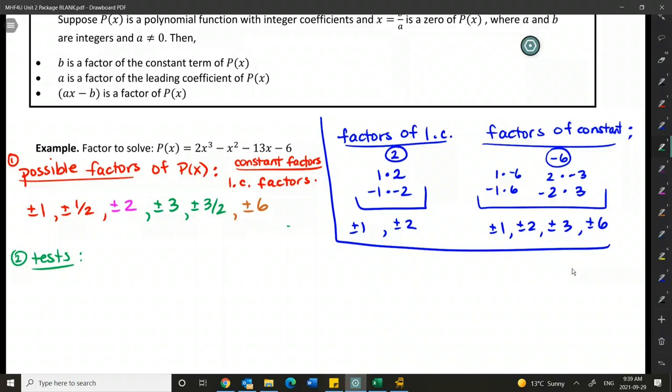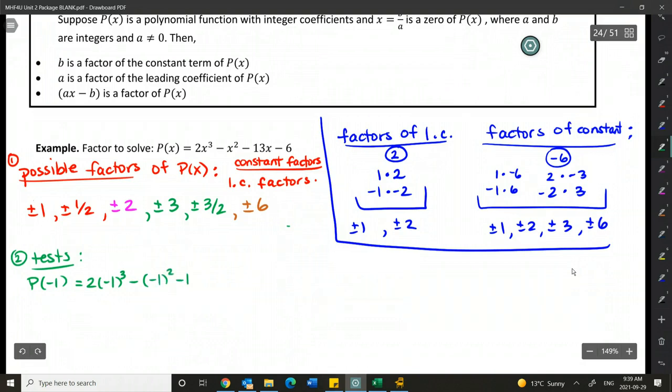I don't think 1 is going to do it, but I'm thinking maybe negative 1. Maybe not, but we'll see. So actually, yeah, probably not, because this gives me negative 2 minus 1 minus 6, which will be negative 9 plus 13.